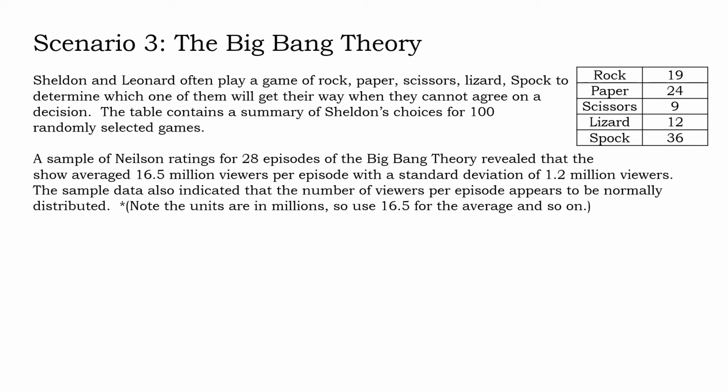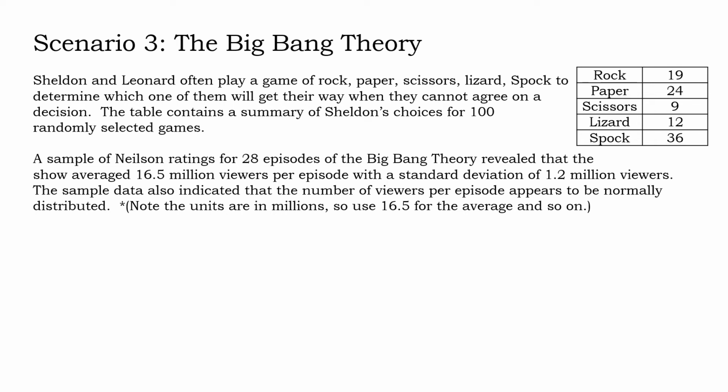So we have data here about what Sheldon has chosen in a sample of 100 games, and we're going to use that evidence to try and predict what Sheldon might do in a game in the future. We also have some information here about the Nielsen ratings.